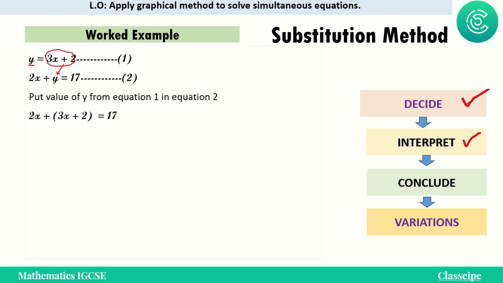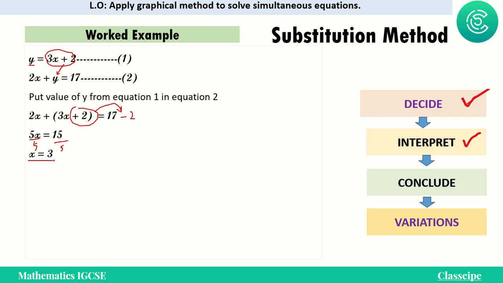So 2x plus 3x equals 5x plus 2. Now this plus 2 will come to the right hand side and become minus 2, and we get 17 minus 2, 15. We'll divide both sides by 5, and the final answer will be 3.